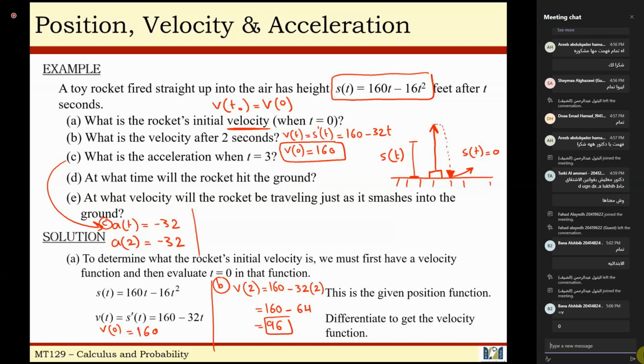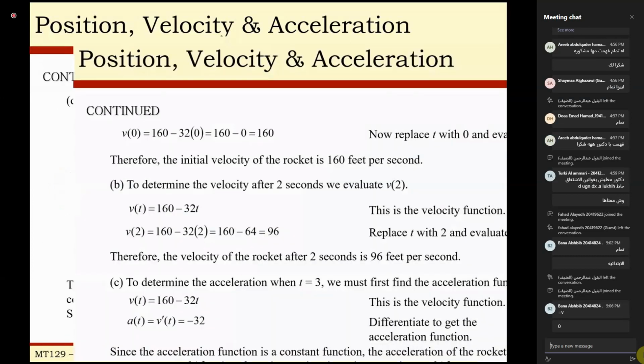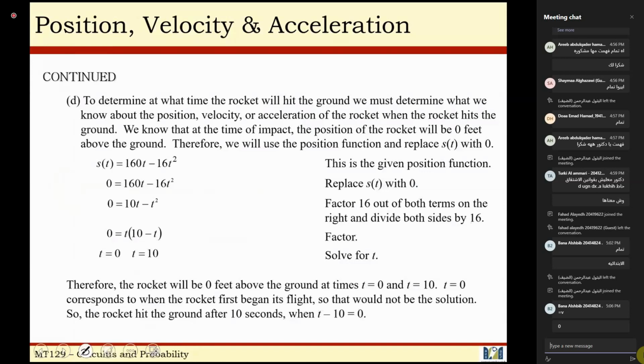Now to compute the time, we have s of t equal to 0. s of t is 160t minus 16t squared, and the distance equals 0. Take t as a common factor. We have t times 160 minus 16t equals 0.